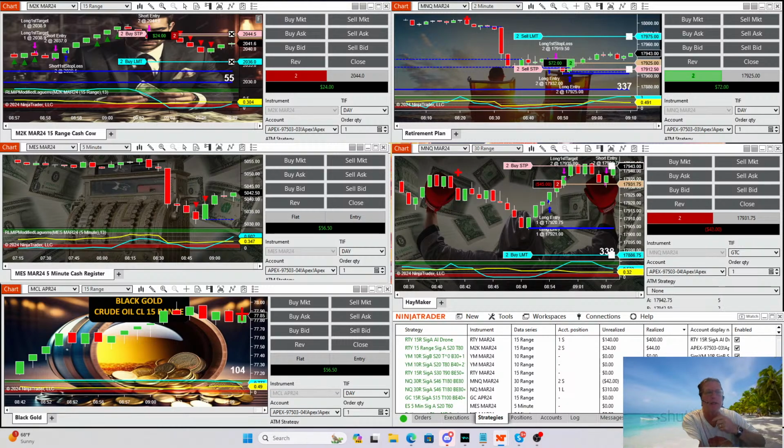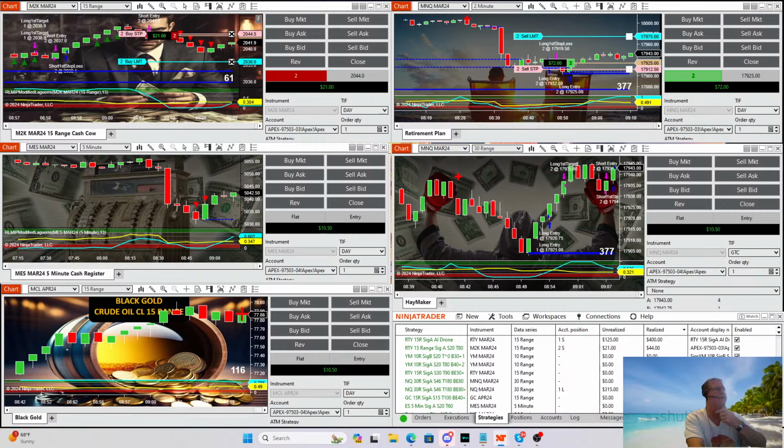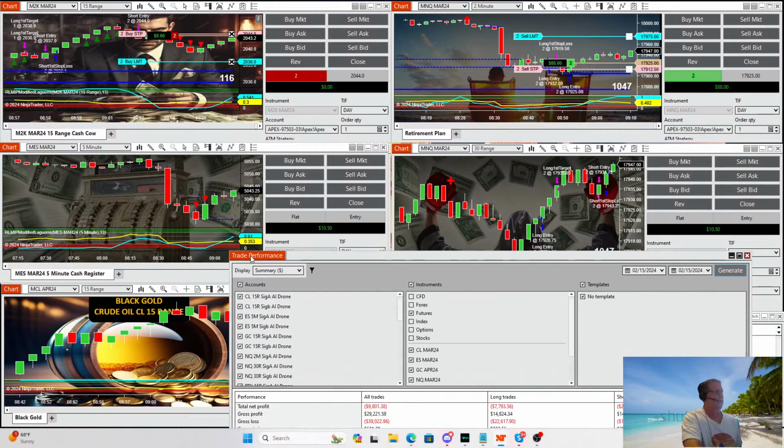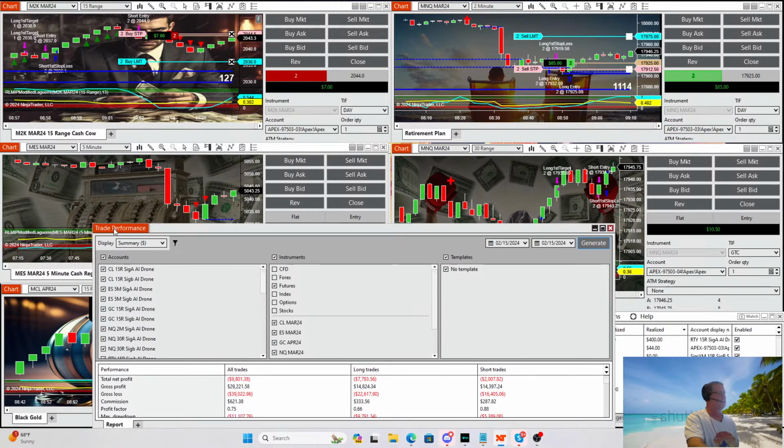Let's see, today is the 16th. Looks like the Russell's coming back on me. So I'll bring up a trade performance just like this, and I'll just take it account by account to see where my best strategies are.